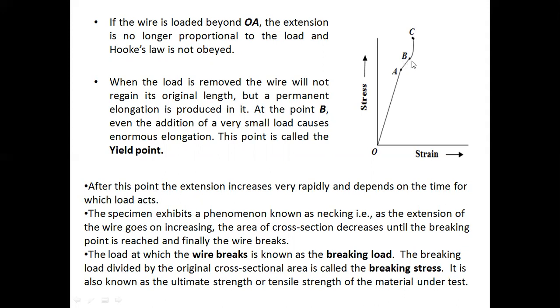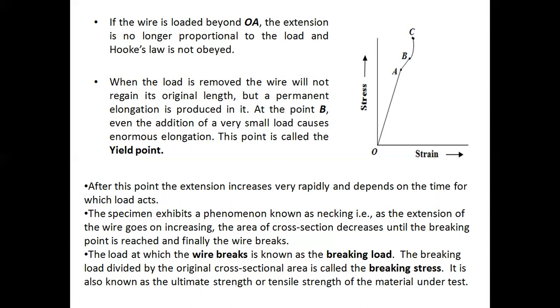After this yield point, the extension increases very rapidly and depends on the time for which the load acts. The specimen exhibits the phenomenon known as necking, that is, as the extension of the wire goes on increasing, the area of cross section decreases until the breaking point is reached and finally the wire breaks.